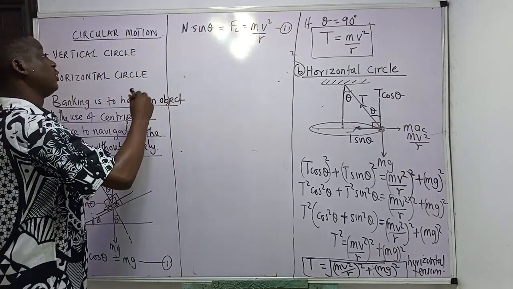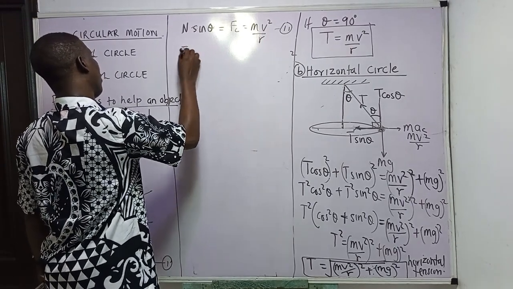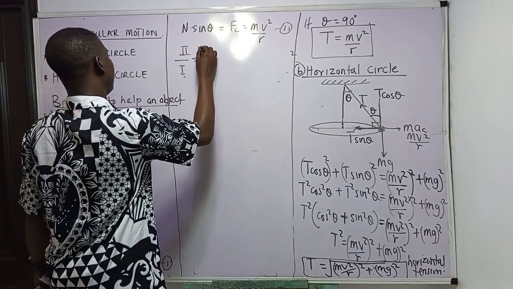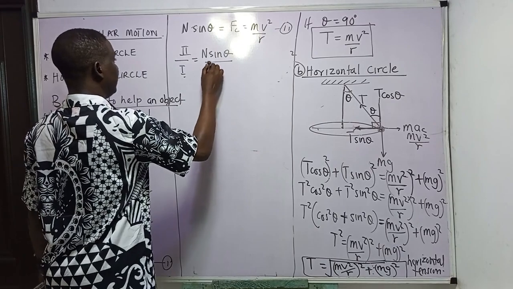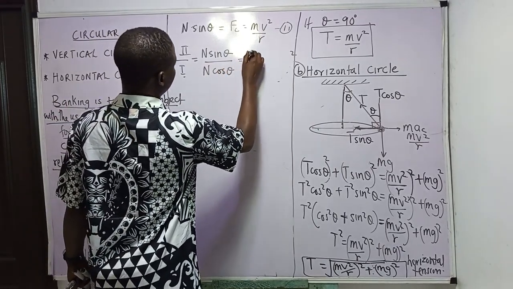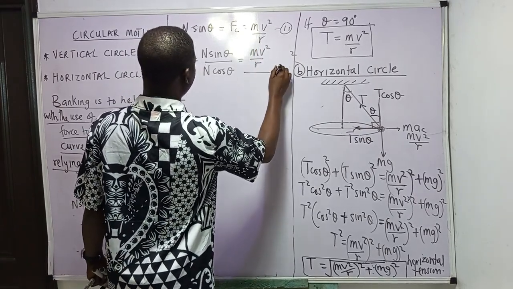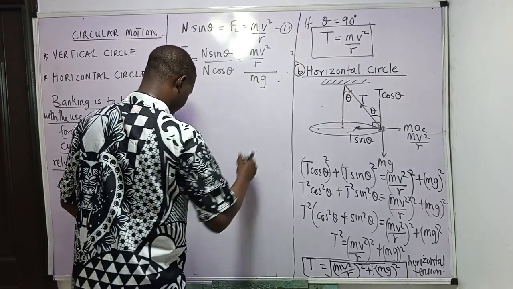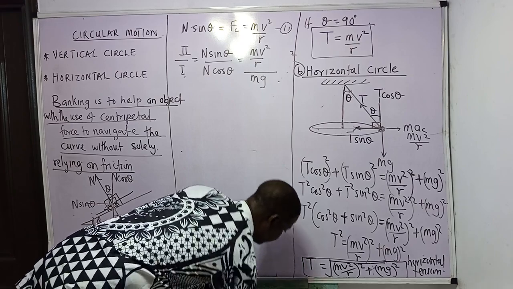So let us divide equation 2 by equation 1. N sine theta over N cos theta is equal to mv square over r divided by mg.